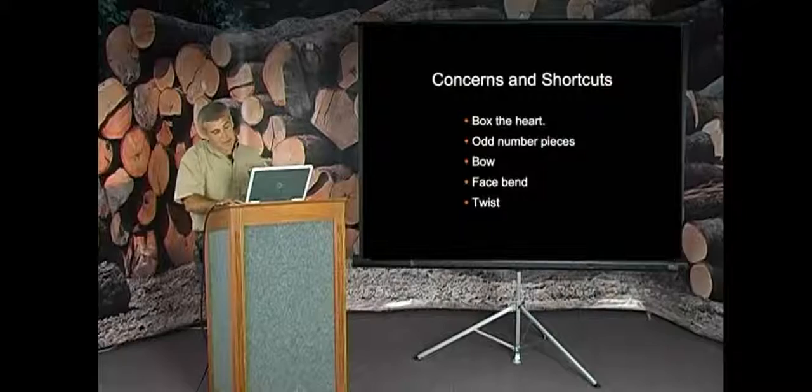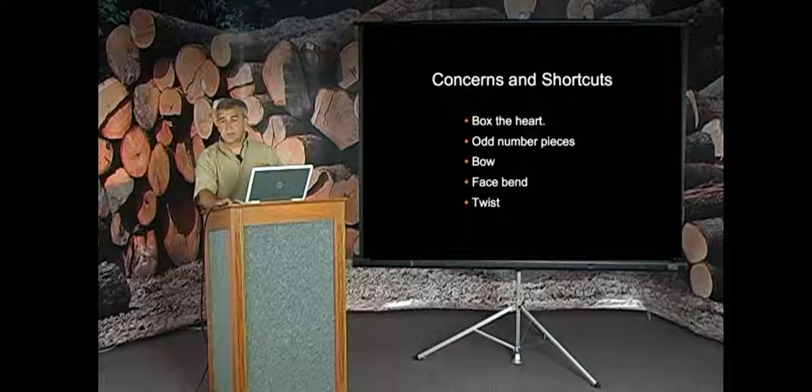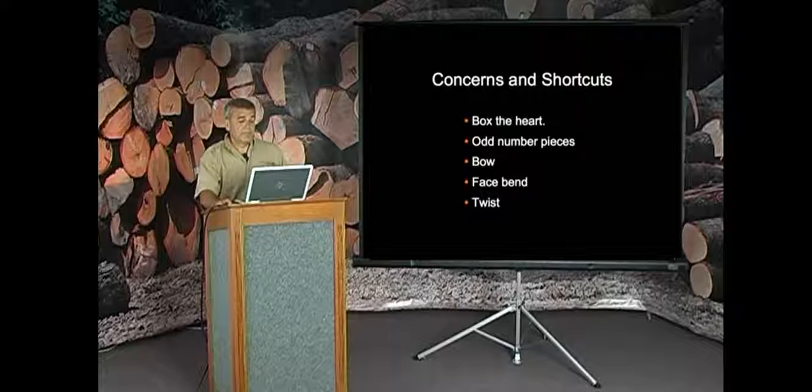Boxing the heart, I'm a believer in shooting for an odd number of pieces. When is bow going to hurt you the worst? When is it totally unacceptable in a piece? Face bend, when can I get away with some face bend and use it in a piece? Thick and thin should be non-existent.